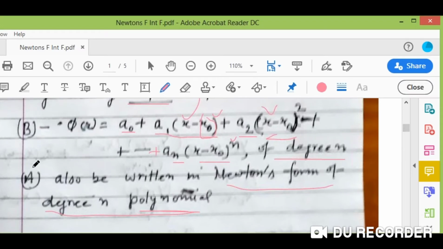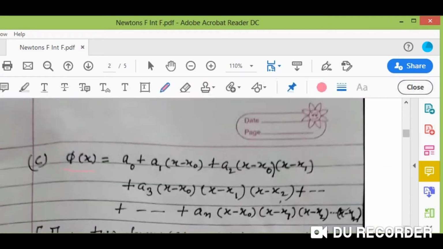Now another polynomial is written in Newton's form. Look at how it is written. Phi x is equal to a naught plus a1 (x minus x naught) plus a2 (x minus x naught)(x minus x1) plus a3 (x minus x naught)(x minus x1)(x minus x2).